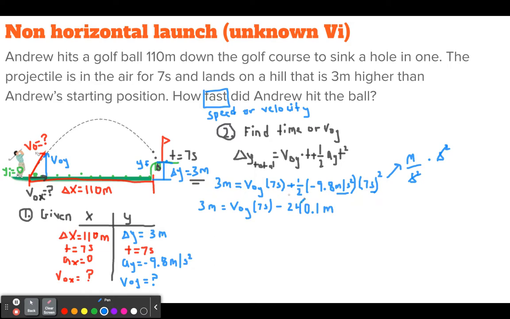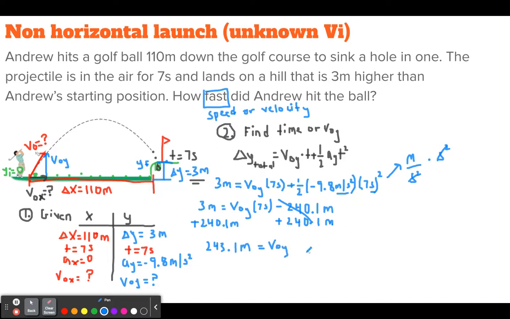Okay, so because these have the same units, we can add 240.1 to both sides of the equation. On the left-hand side, we'll get 243.1 meters is equal to, rest of my equation is going to stay the same on the right-hand side.